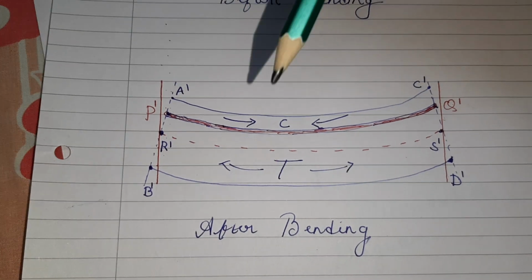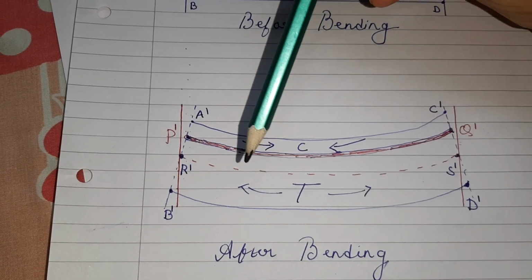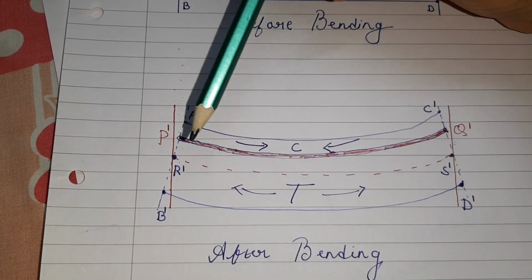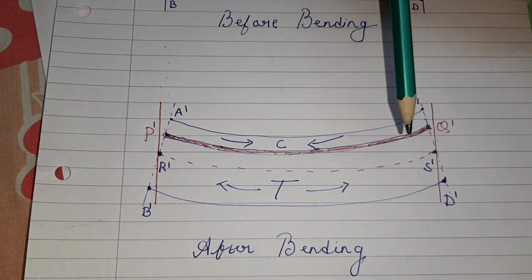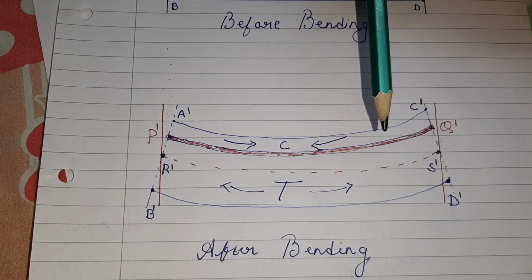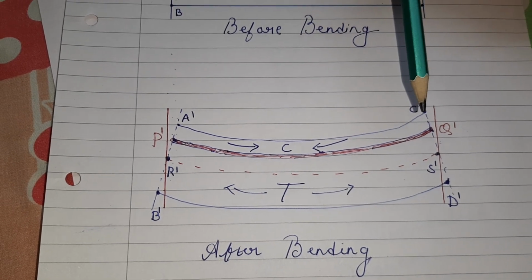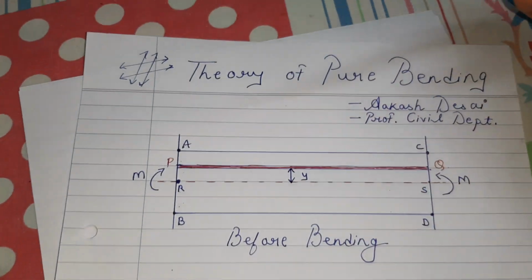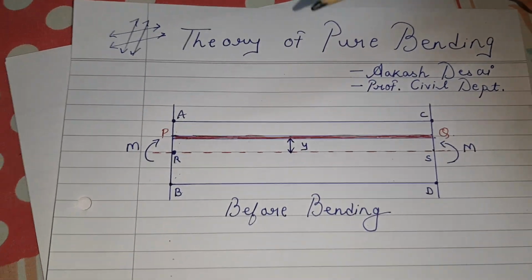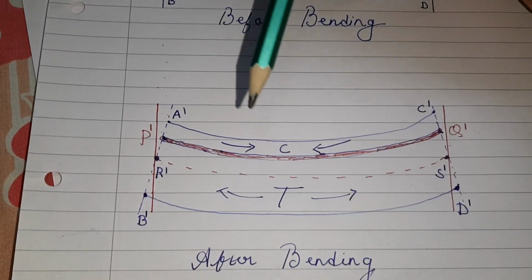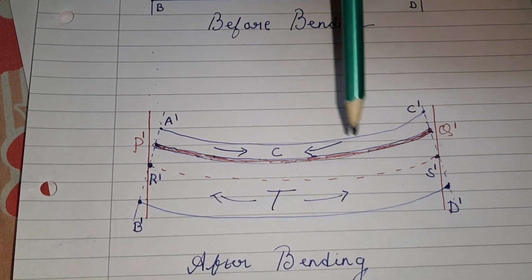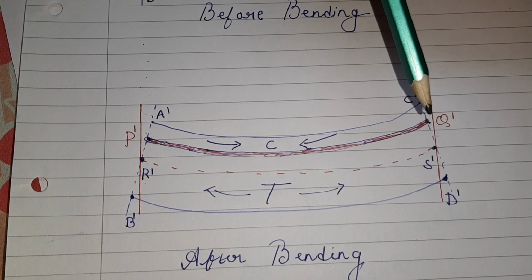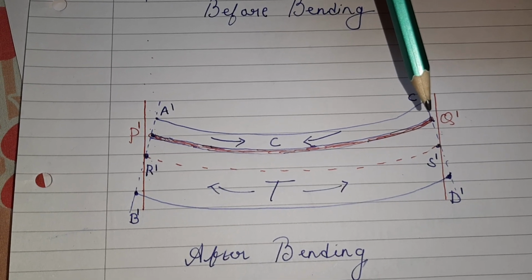Now, if you see the portion above the neutral axis, it has undergone compression. That means the points have come closer compared to the beam before bending. So that portion above the neutral axis is under compressive effect or compressive stress.